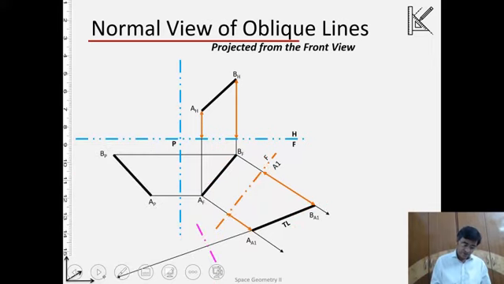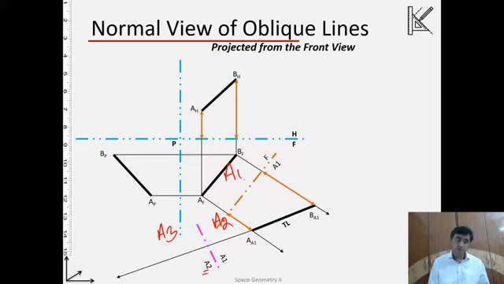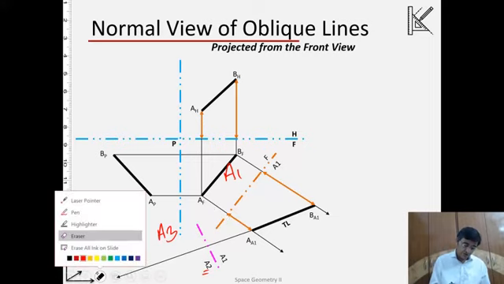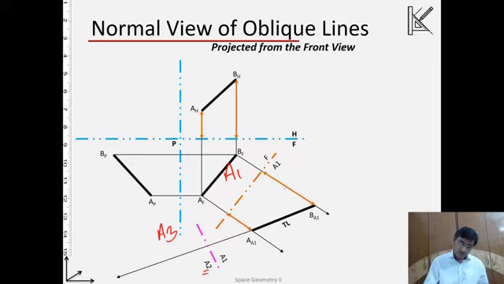The steps are very simple. So the purple line here is the hinge line, or the edge view of another auxiliary plane. As far as the name is concerned, I am calling it A2, though as per our definition, this is A3. Now this will become A2 and this will become A1. I will write this A2 in the correct place so that you understand what I mean. This is A2.